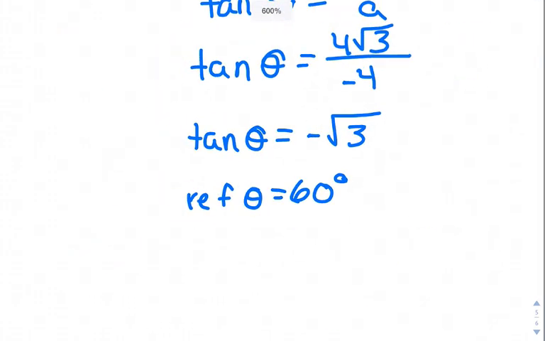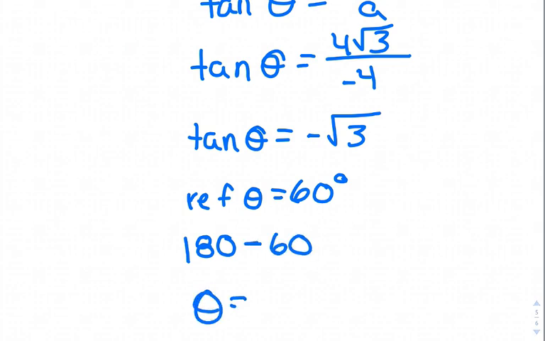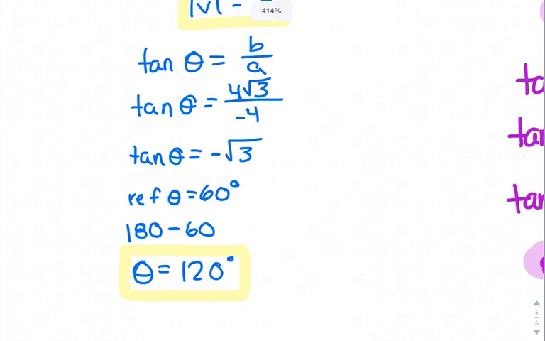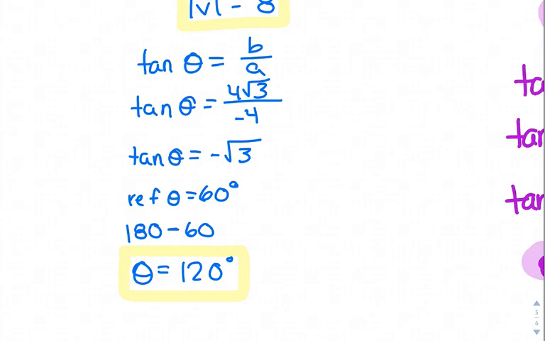Since this is in quadrant 2, to find the actual angle, we use the reference angle formula. So 180 minus 60, which means my direction angle is 120 degrees. So you really got to know what those tan values are, especially because this is not a calculator question.